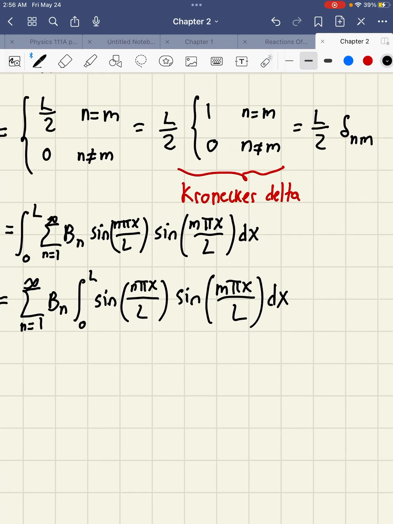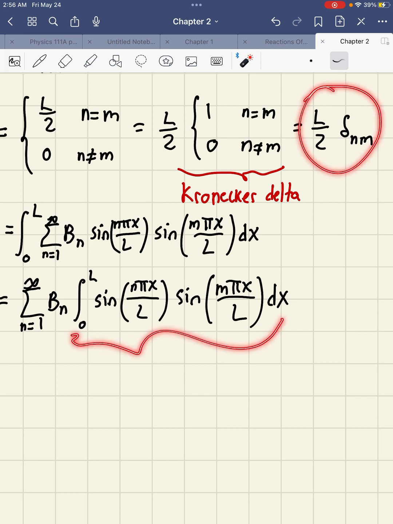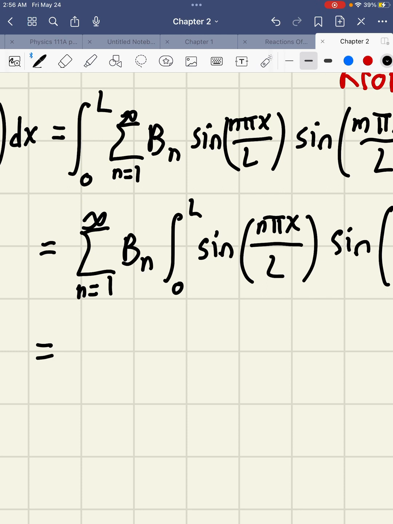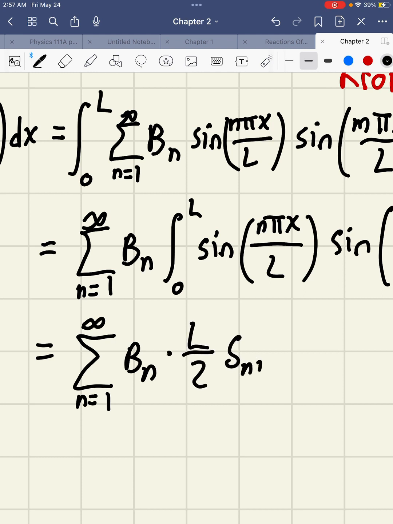From above, this is equal to L over 2 delta n m. So this is equal to the sum from n equal to 1 of b of n times L over 2 delta n m.